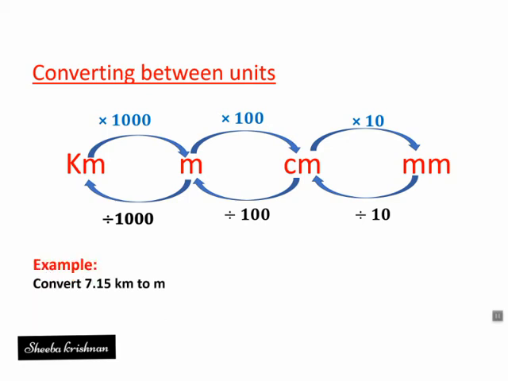Let us take an example. Convert 7.15 kilometer to meter. So we know 1 kilometer is equal to 1000 meter. So here, for changing from kilometer to meter, we have to multiply it by 1000. So we have to multiply 7.15 by 1000.